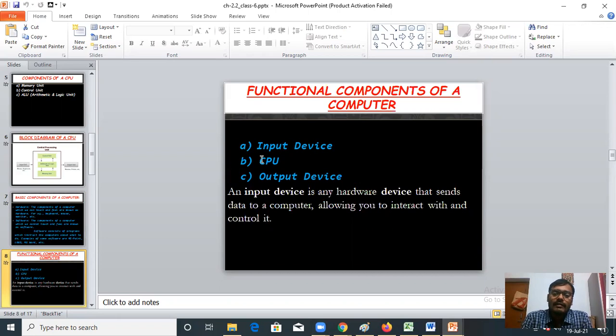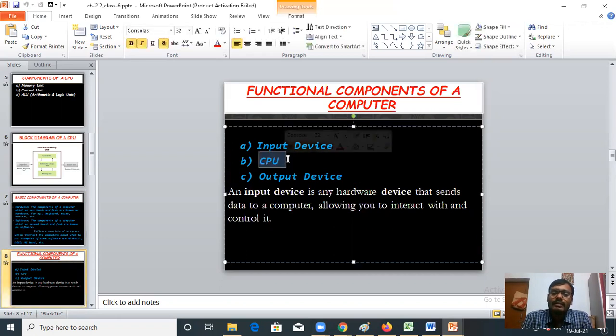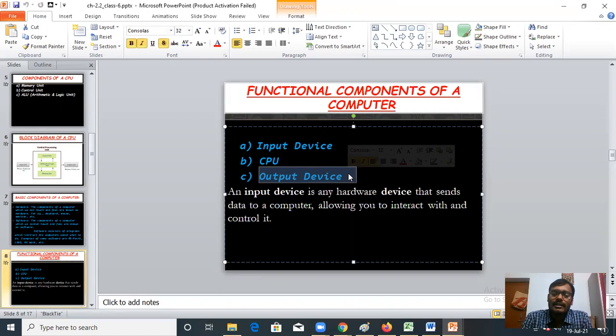And what is the work of CPU? It processes the data and creates the result. And what is the work of output device? With the help of output device, the result is displayed on the screen. You can see the result with the help of output device. So these are the functional components of a computer, children.